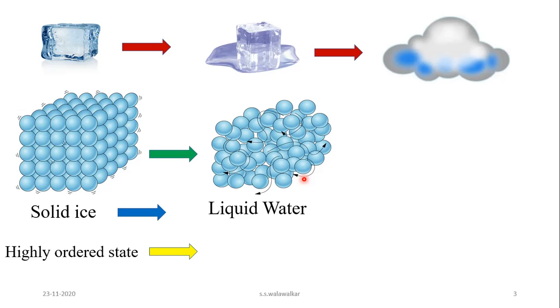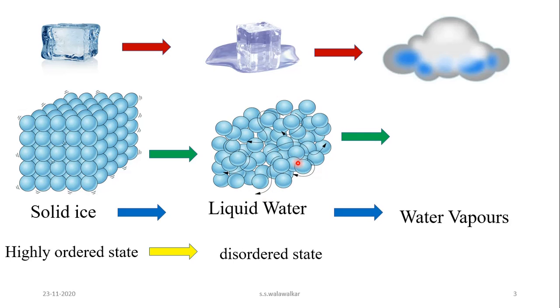As the bonding between the water molecules becomes weak, the molecules are free to move within the liquid. That means a disordered state is formed, and when it is heated, it gets converted into the gaseous state.